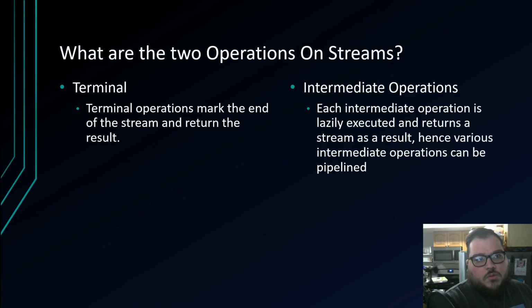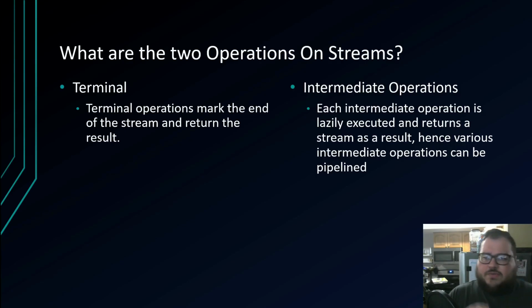If we dive a little deeper into why that actually happens, it's kind of interesting. Each element is processed through the pipeline of intermediate operations. So if you have, let's say, 3 filters in a row, and then a findFirst, and I'll show you this in the coding as a better example.